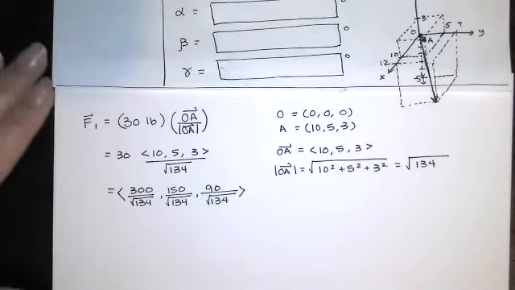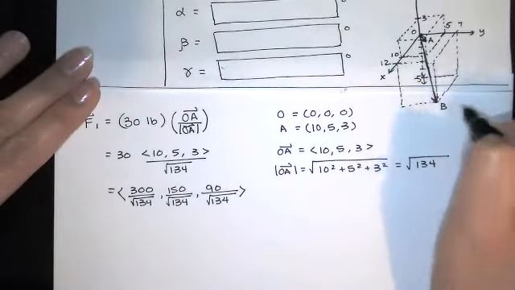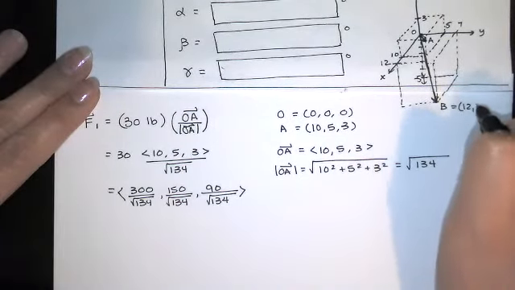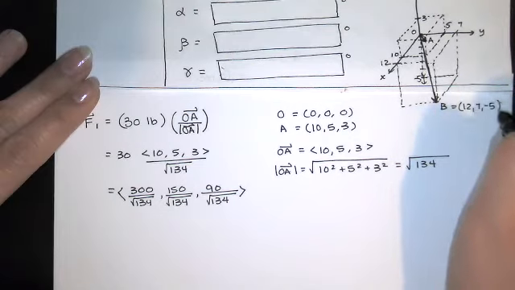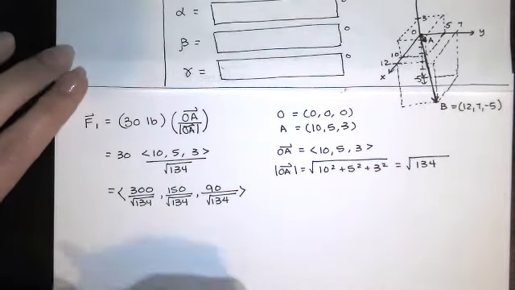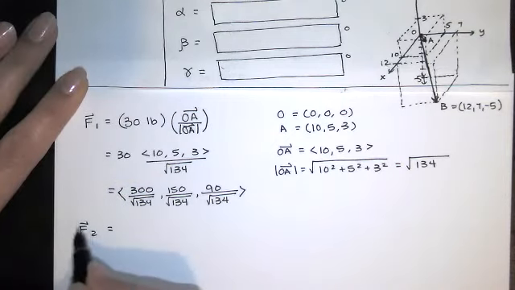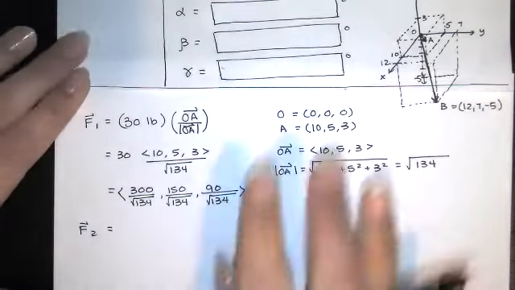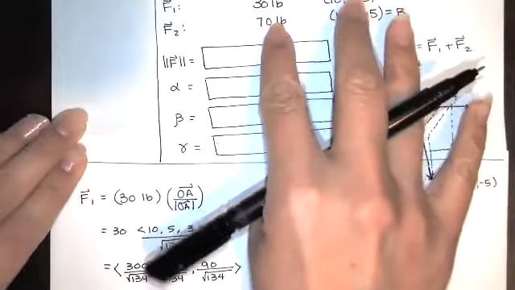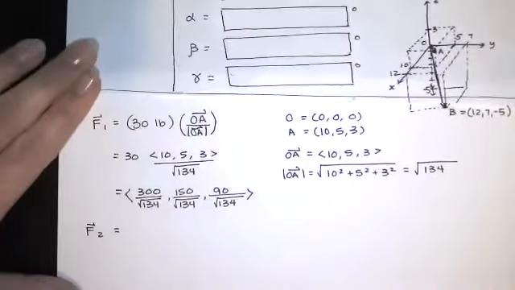F2 is very similar. If this is the point B with coordinates 12, 7, negative 5, well, F2, that force, has to have a magnitude that was given to it. It has to have a magnitude of 70 pounds.